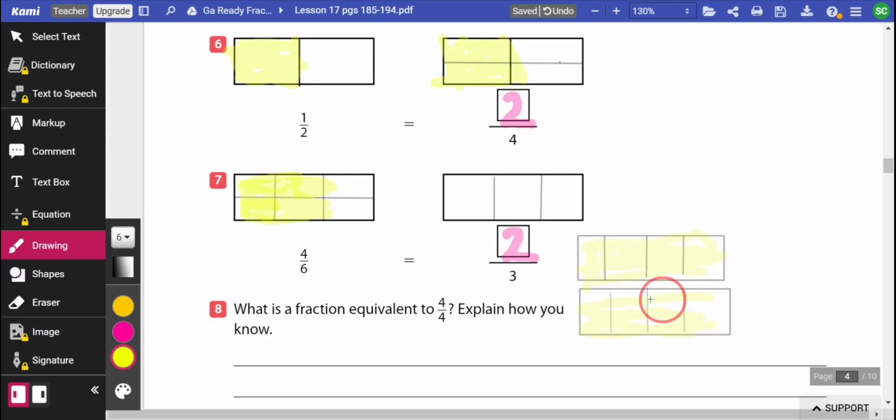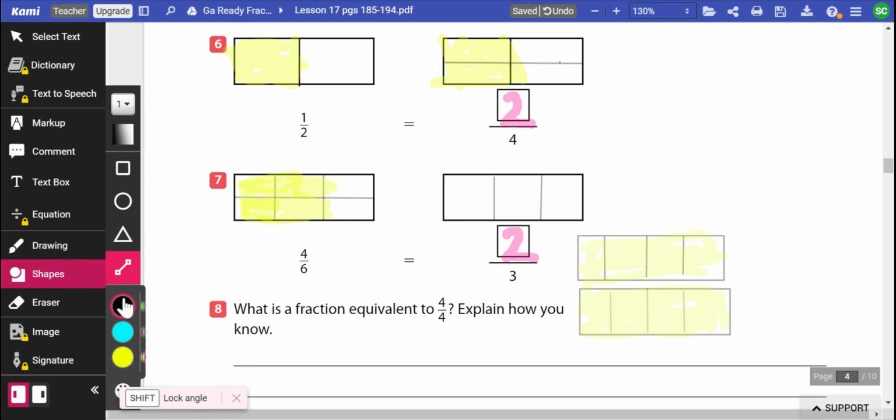I can already tell it's equal to 1 whole, but that doesn't answer my question because my question says what fraction is it equivalent to. So what I'm going to do is I'm just going to partition this rectangle again. As long as each of my pieces are partitioned equally, I'm going to get another equivalent fraction. So let's change our transparency so that you can see it.